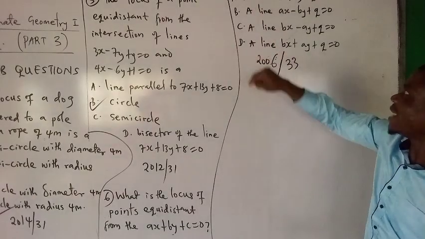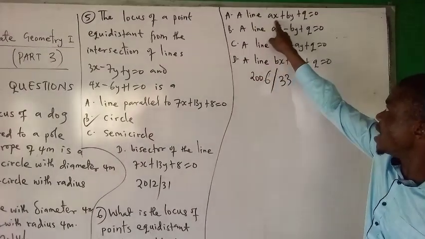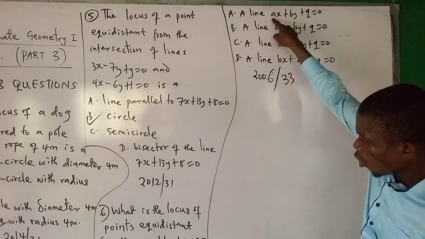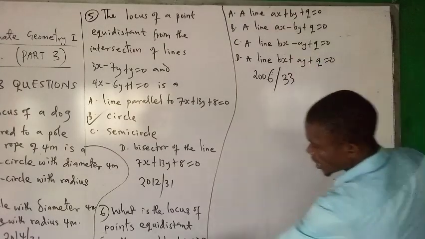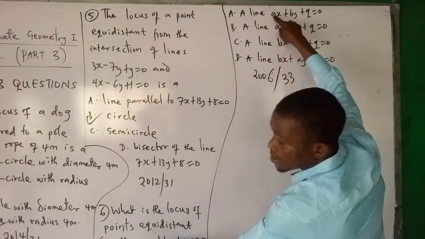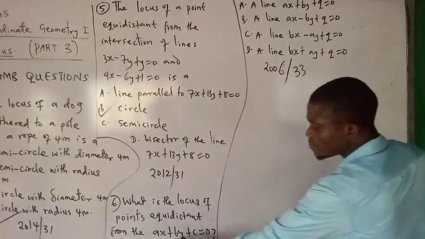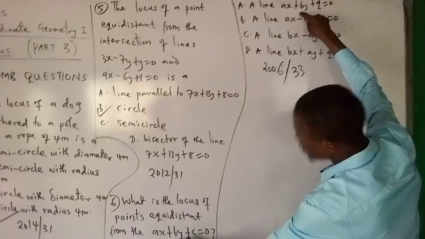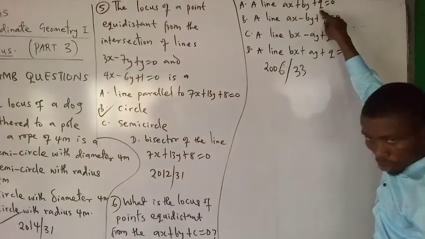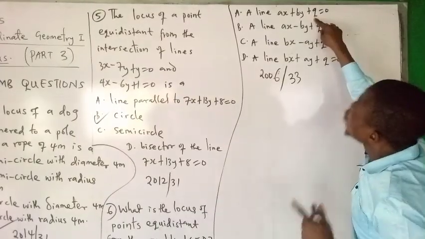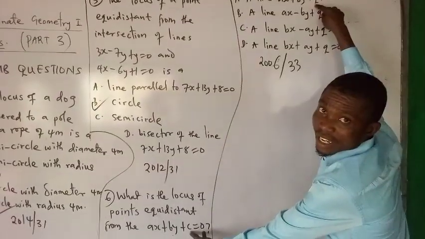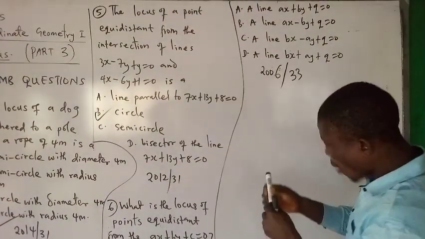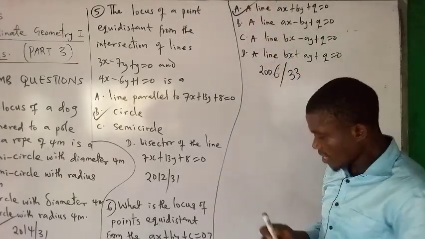A line, that is option A: AX plus BY plus Q. A is the coefficient of x, the same. B is the coefficient of y, maintained. Then Q is the constant, which is not C. Apart from this, the other ones are not correct. So option A is the correct option.